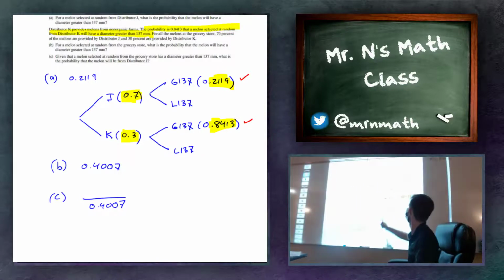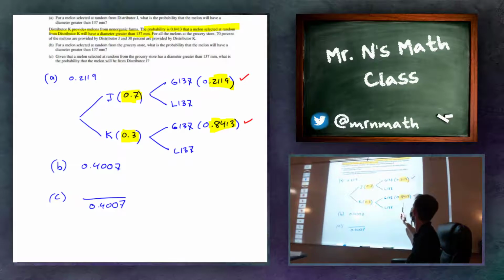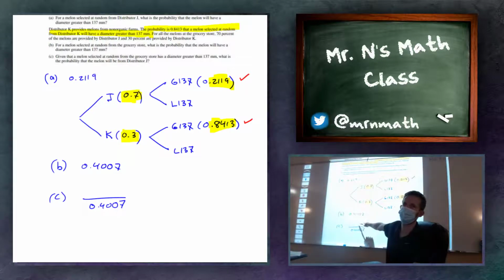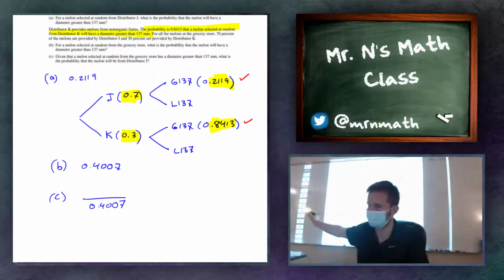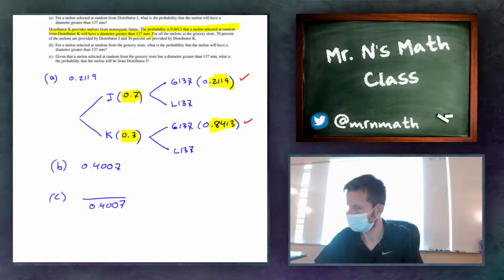All right, so how do I get the numerator? Yeah, so we know the probability the melon will be from distributor J. So out of these two, from distributor J is 0.7 times 0.2119.